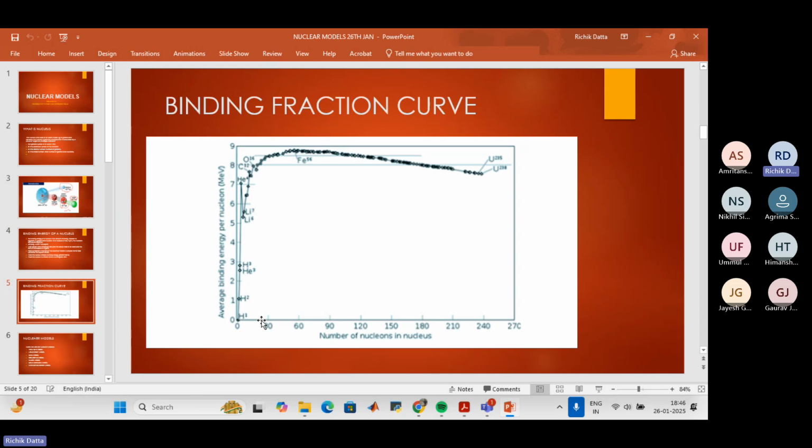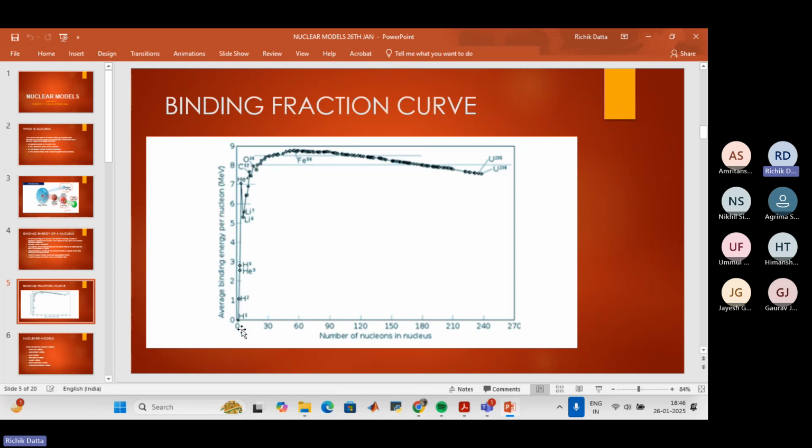Up to a proton number of 20, which you can assume is calcium, the binding energy increases rapidly.